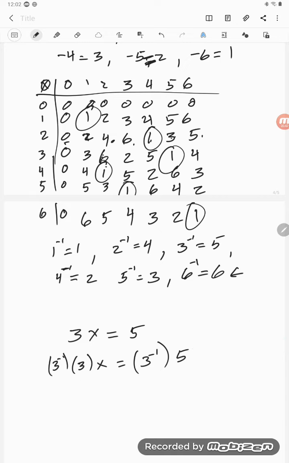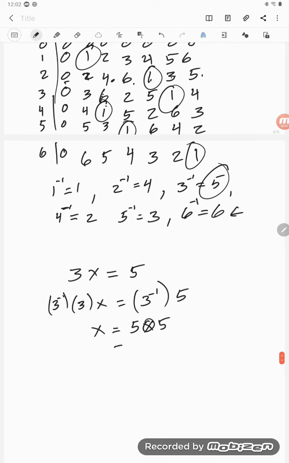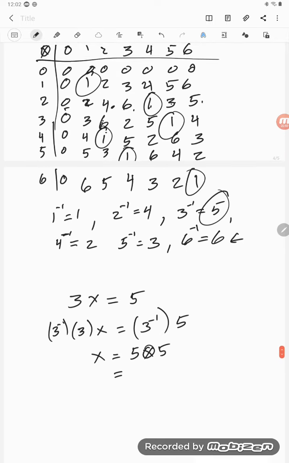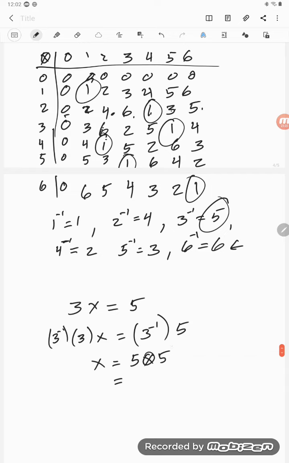And so that's 5. That gives me x equals, now the multiplicative inverse of 3 is 5, so that's 5 times 5. But that's modulo arithmetic. And so 5 times 5 is 25, or 21 plus 4, and so x is equal to 4.